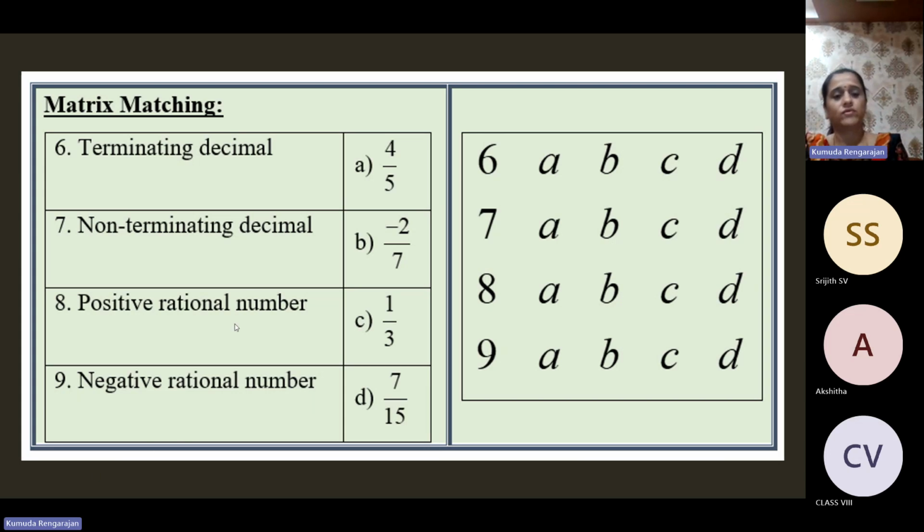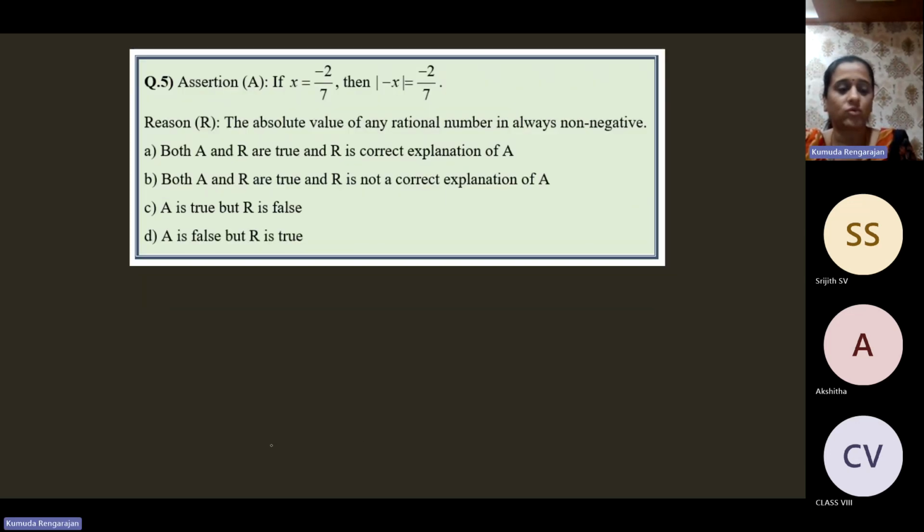Okay. Now, before we do this matrix matching, we'll just recall one thing, children. I have told you how to identify if a rational number will have a terminating decimal expansion or a non-terminating repeating decimal expansion. Let's just recall that part.